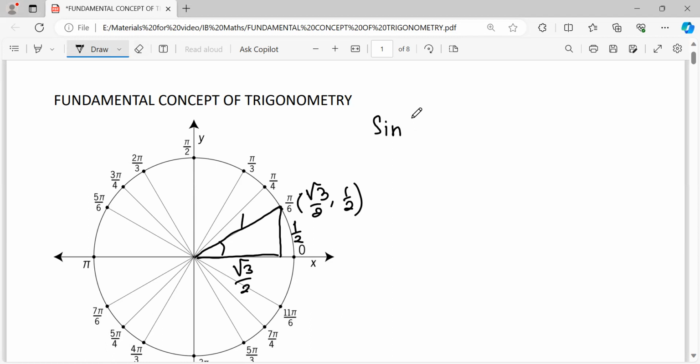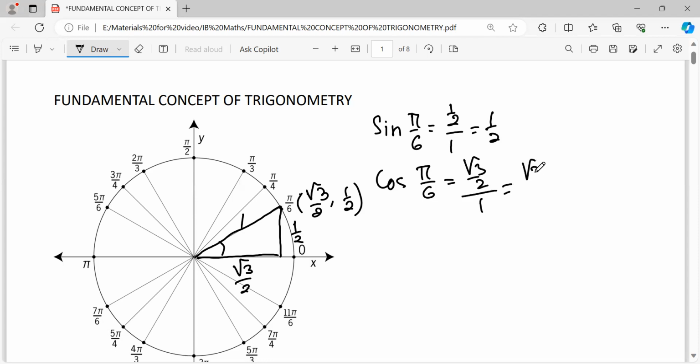sine pi over 6, or sine 30, equals a half over 1 equals a half. Cosine pi over 6 equals square root 3 over 2 over 1 equals square root 3 over 2.